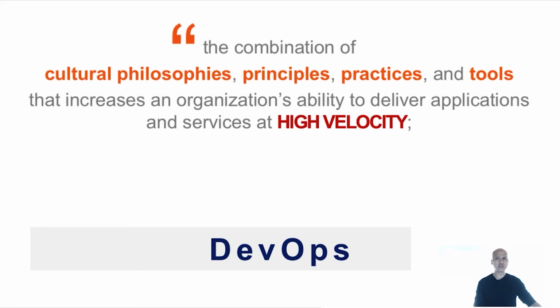DevOps is the combination of cultural philosophies, principles, practices, and tools. It's not one or the other. It's a combination of all these. The goal is to speed up delivery of applications and services.